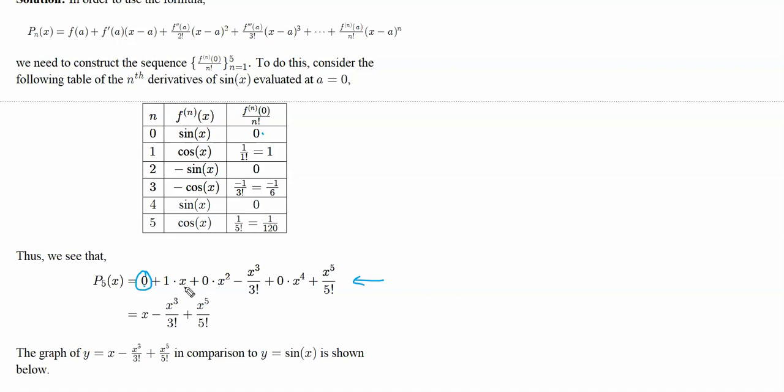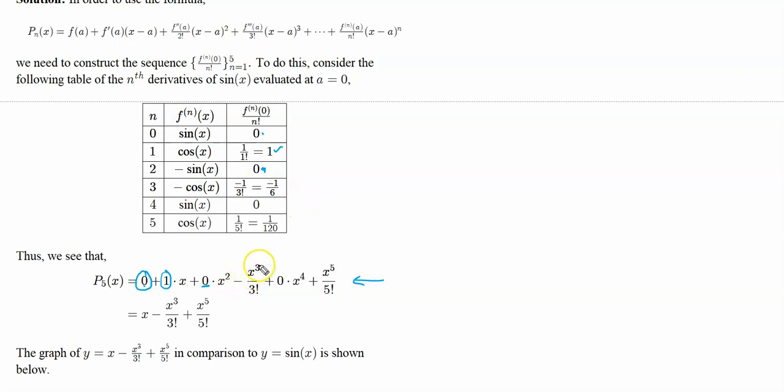Keep in mind a is 0, so what we have right here is really x minus a to the first power. That's what that x is. And this 1 right here is that number. Then 0 times x minus a squared. That 0 right here is this one.